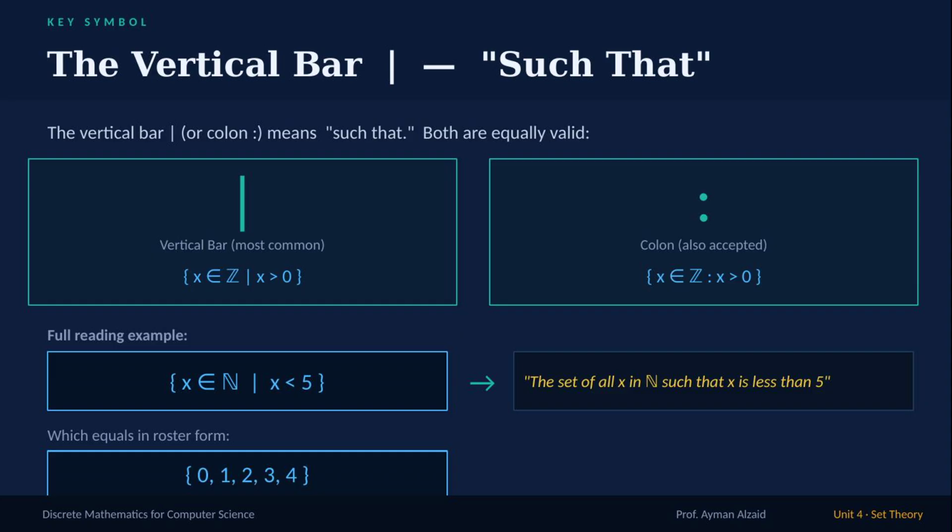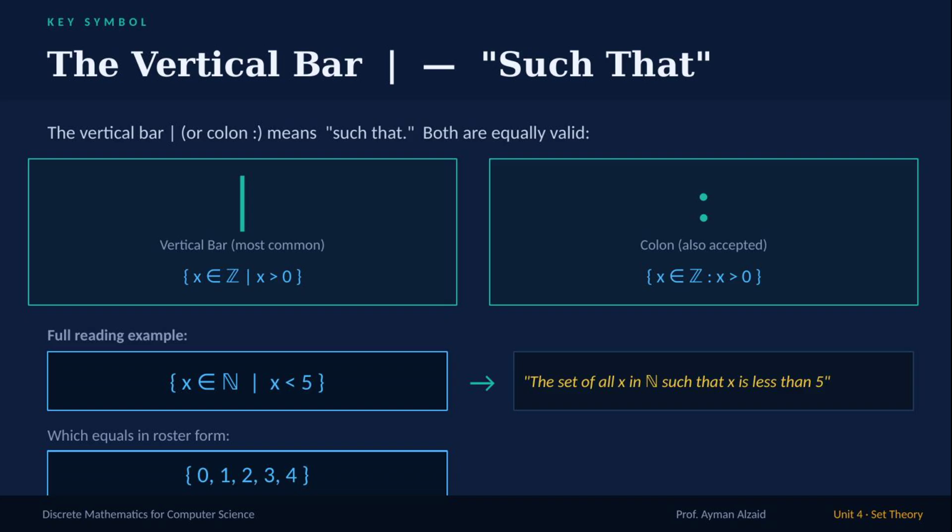Let's practice reading a full expression. Consider the set of x in the natural numbers such that x is less than 5. Read this aloud: the set of all x in the natural numbers such that x is less than 5. To find the roster form, we test. 0, 1, 2, 3, 4 all satisfy x less than 5 in the naturals.